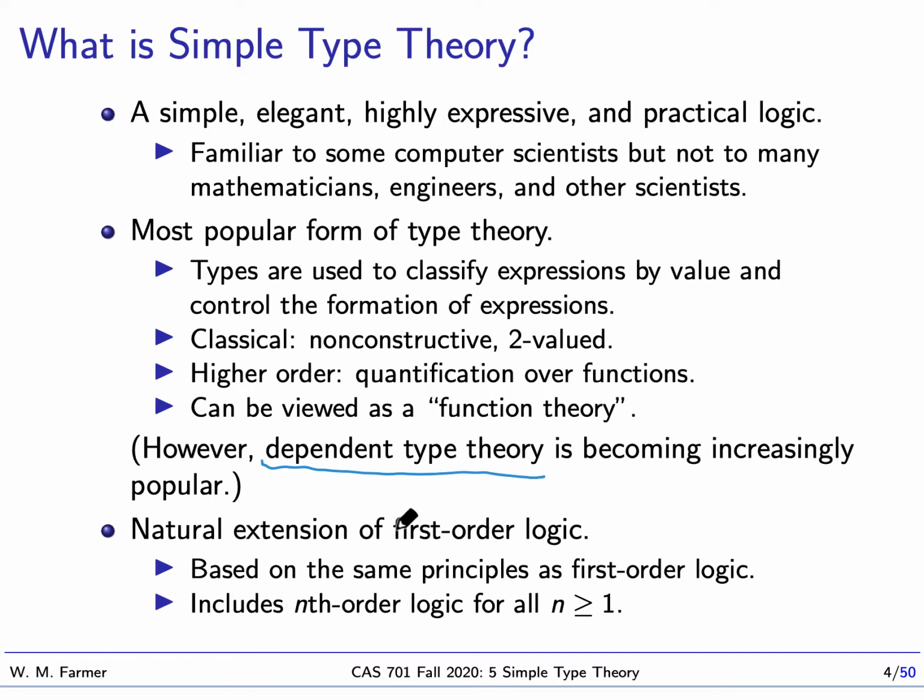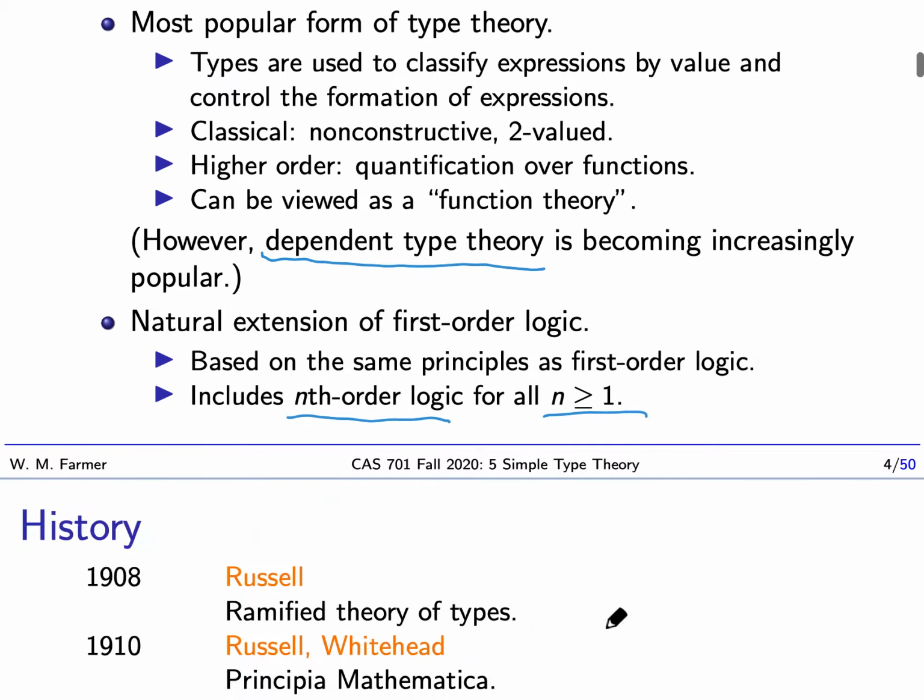Now, it is a natural extension of first-order logic. In a sense, we're adding more machinery to first-order logic. It's based on the same principles as first-order logic, and it includes not only first-order logic, but second-order logic, third-order logic. It includes nth-order logic for all n.